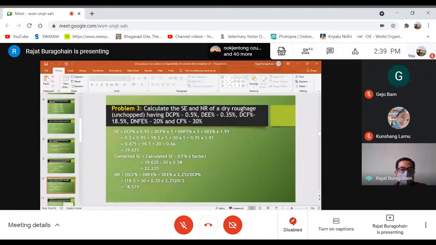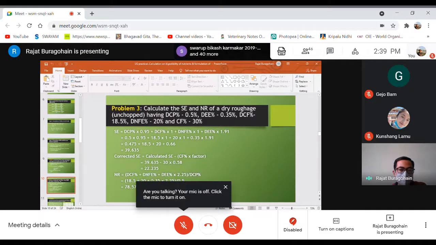And for nutritive ratio, there are two things: wider nutritive ratio and narrower nutritive ratio. Wider nutritive ratio means here energy is more, protein is less. Definitely here DCP is only 0.5. Here all the maximum is energy. From the nutritive ratio we can just feel like this.